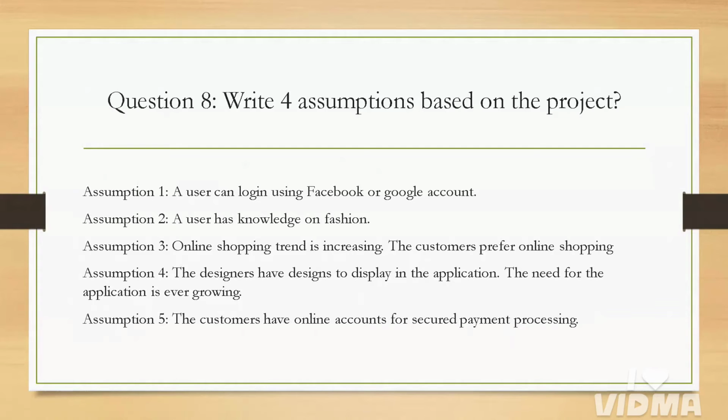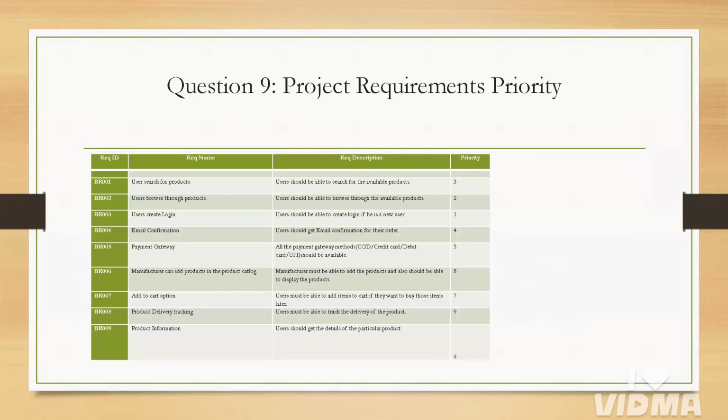So that is one of the assumptions. And the user can log in through multiple accounts. That is also one of the assumptions. So that's how we need to add the assumptions based on this project.